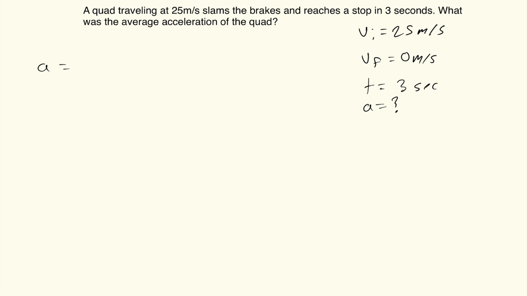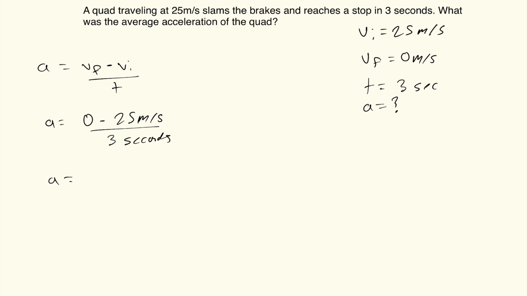So A is equal to Vf minus Vi over T. A is equal to 0 minus 25 meters per second over 3 seconds.